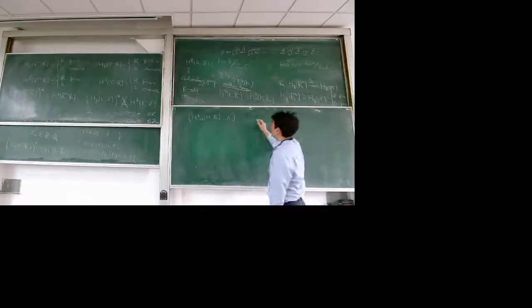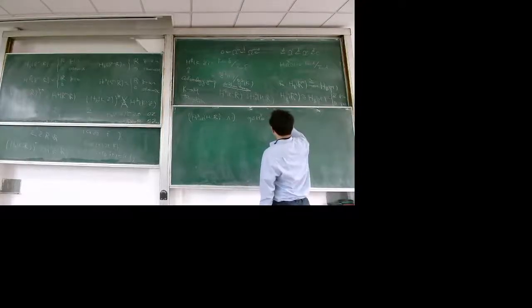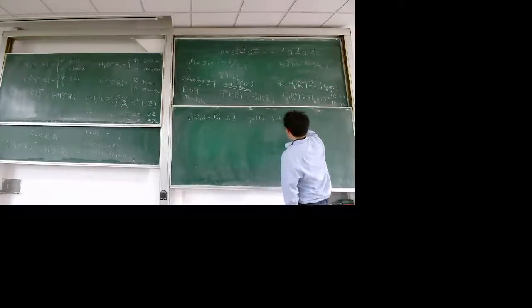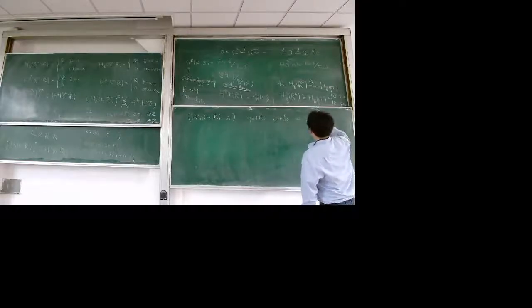If you have eta in H^k de Rham and lambda in H^l de Rham, then eta wedge lambda is also inside the de Rham cohomology. So therefore you can introduce the product structure.